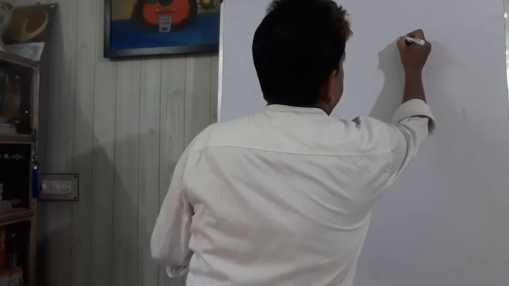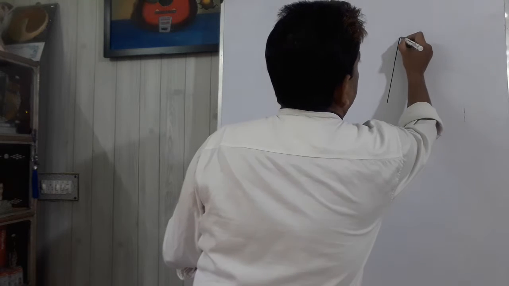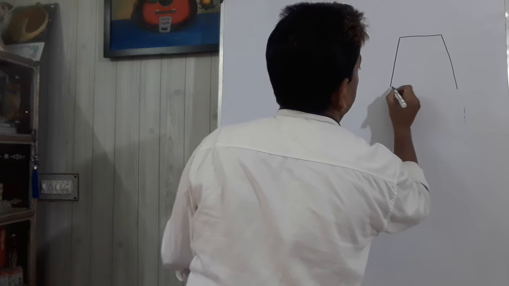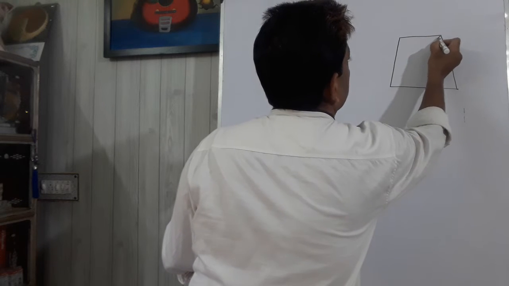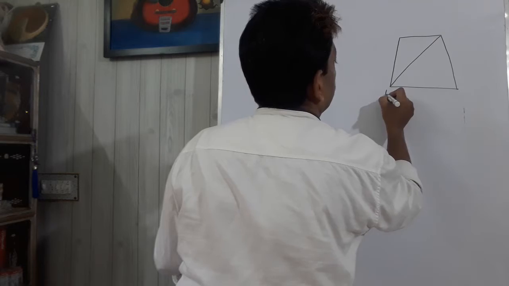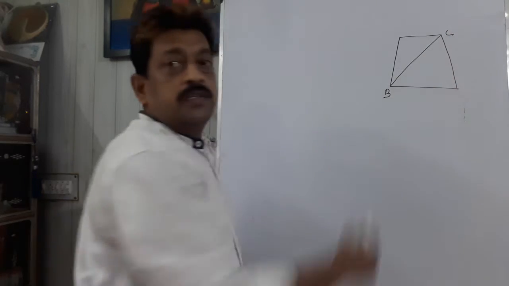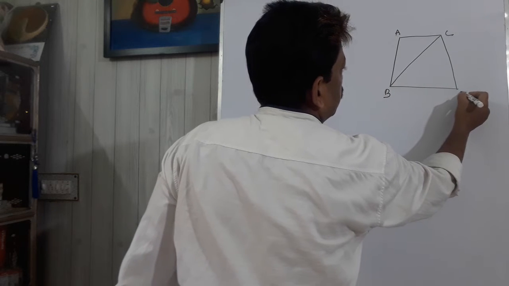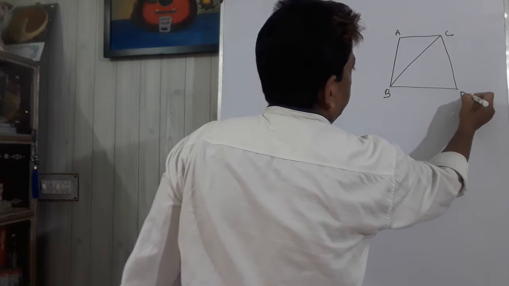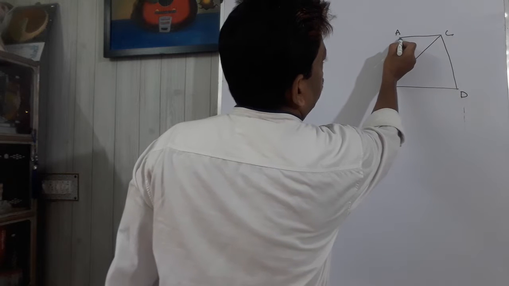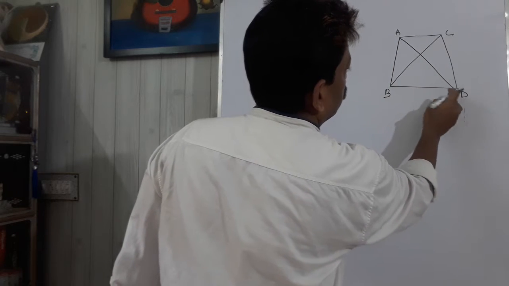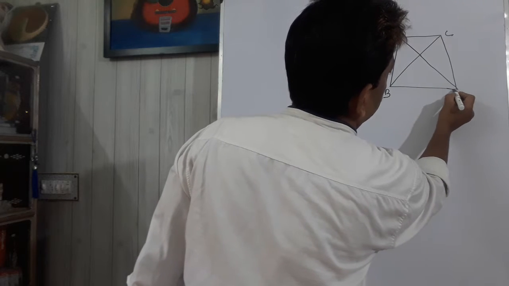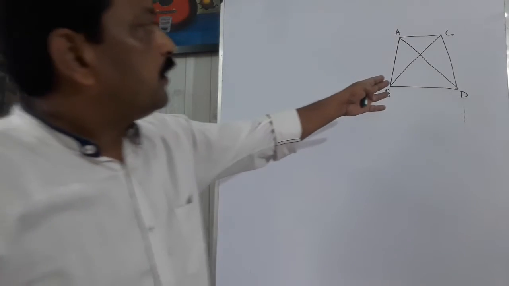There is a figure. It is given that BC is a common base. On BC there are two triangles ABC and DBC, and A and D are joined to make the line segment AD.